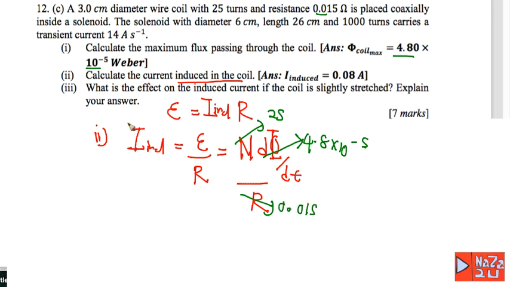Now you can find the induced current. So current induced is equal to 0.08 ampere.